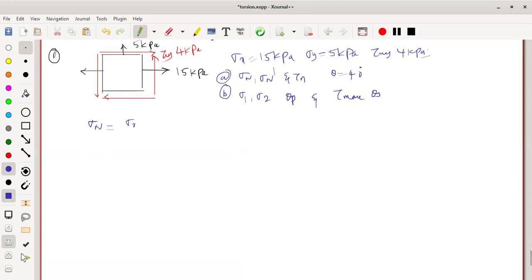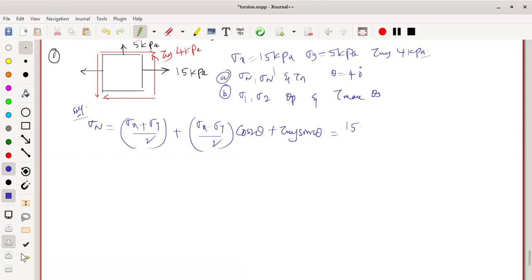So the sigma n formula is sigma x plus sigma y by 2, plus sigma x minus sigma y by 2 of cos 2 theta plus tau xy sin 2 theta. This is the solution. If you substitute everything in this equation, it is 15 plus 5 by 2 plus 15 minus 5 by 2 into cos of 80 degrees, because theta is 40 degrees, plus 4 into sine 80 degrees.